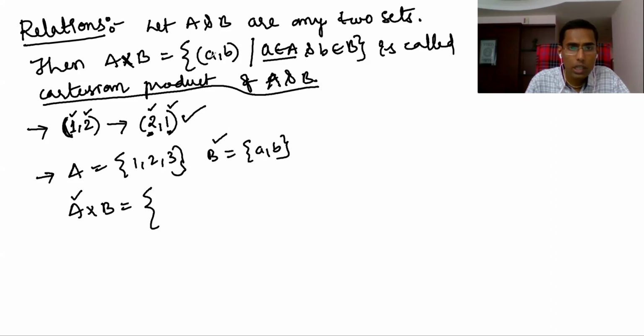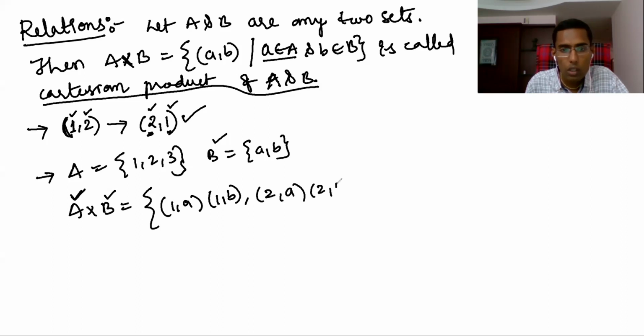So (1, a), (1, b). The first element must be taken from A only, the second from B. Next (2, a), (2, b), then (3, a), (3, b). This is the Cartesian product of A and B.